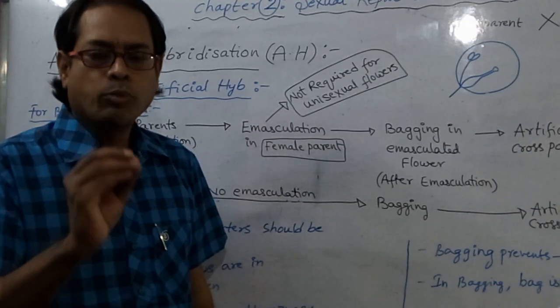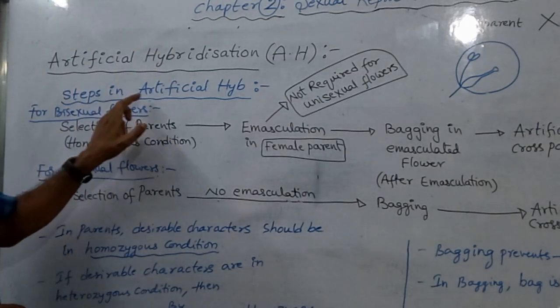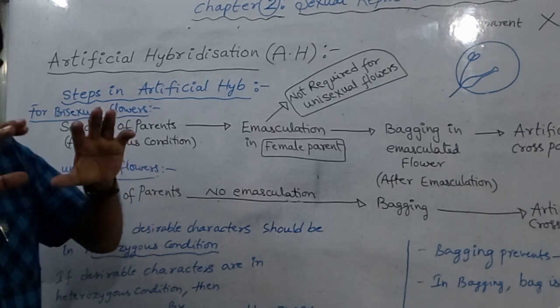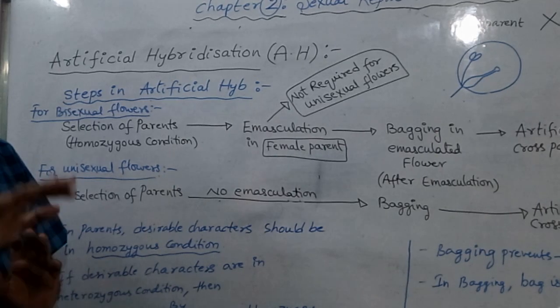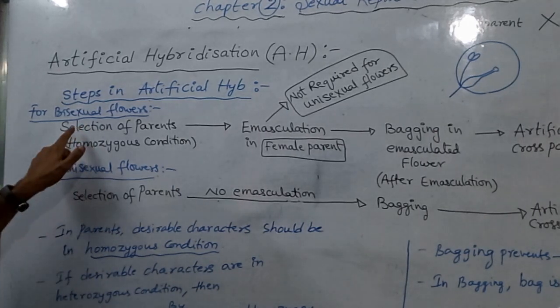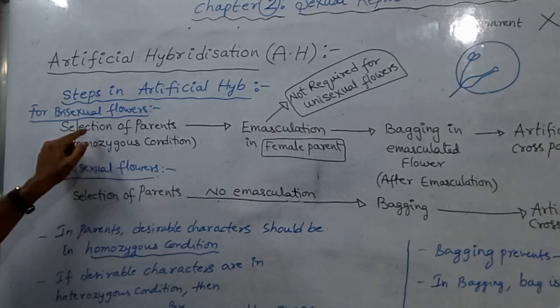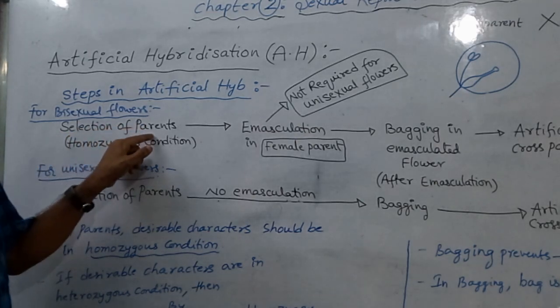Now I am going to explain the steps in artificial hybridization. There are some steps involved. What are those? In bisexual flowers, first of all, we have to do selection of parents.